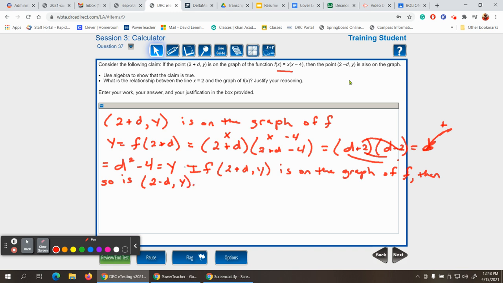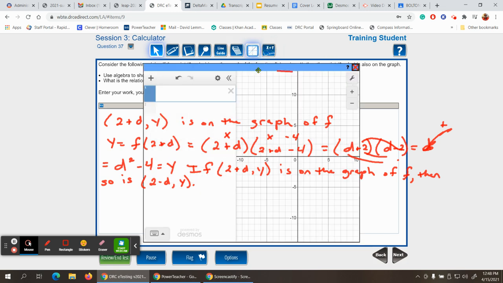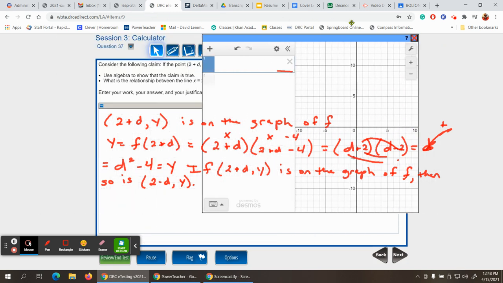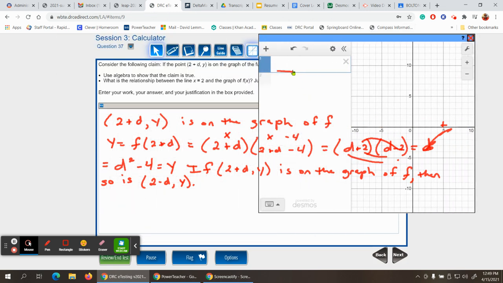All right. What does that show? What is the function of x? So if I were to put this into Desmos, I want to put it here. Let me find a good spot so I can do that. If I put this in, and let's say that I get, like you said, d.